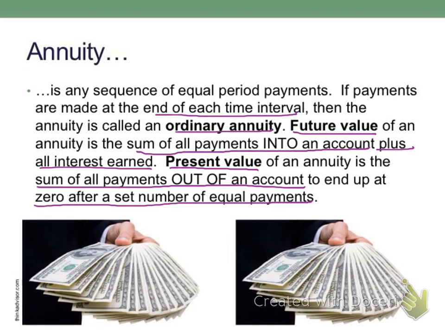Last class, we were talking about how many payments into an account to grow the account to end up with a larger amount at some future point. Today we're talking about what would I put in right now so that I could take payments out of that account and end up with 0 at some point in the future.